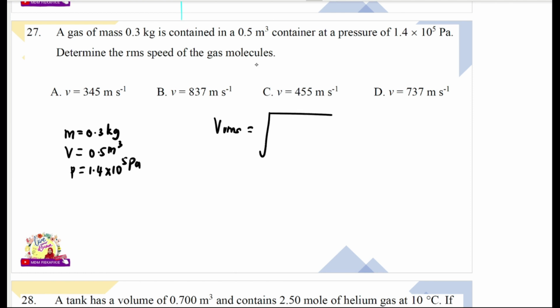Square root. Kita dah ada pressure kan. Okay, bila soalan bagi M dengan V ni, automatically saya tahu, oh ni mesti nak boleh cari density, which is M over V. Okay, so kita bolehlah guna formula ini. 3P over density. Okay, where this one is M over V. Okay, so just substitute all the values given.